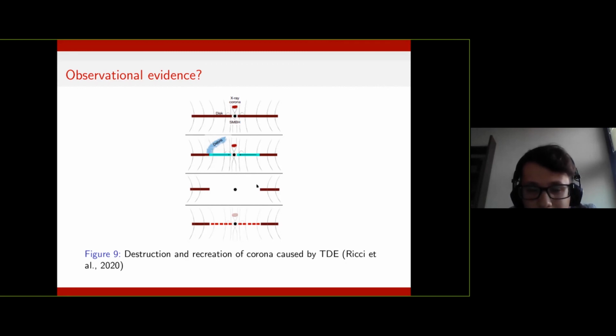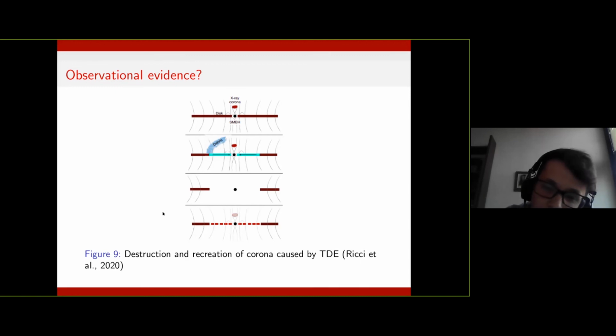So this is something like gap creation in the inner part of the accretion disk. And in the last panel, it takes about 300 days to renew the inner part of the accretion disk with the infalling matter, and to reinstate the X-ray corona and make it observable again.